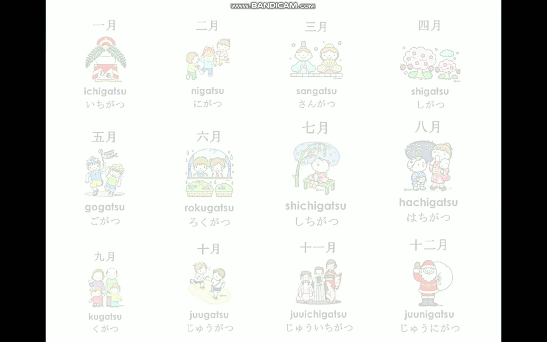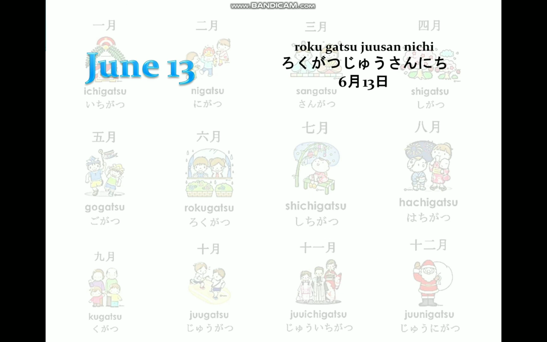Let's start with June 13. How do you think we'll say June 13 in Japanese? Here it goes. It's Rokugatsu juusan nichi. Again, Rokugatsu for June and then juusan nichi for the 13th. So again, June 13 is Rokugatsu juusan nichi in Japanese.